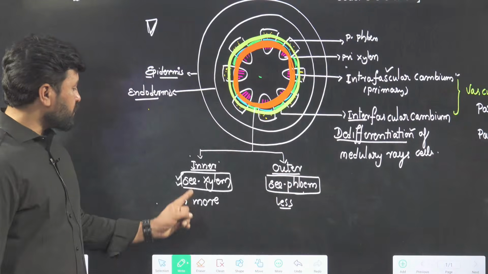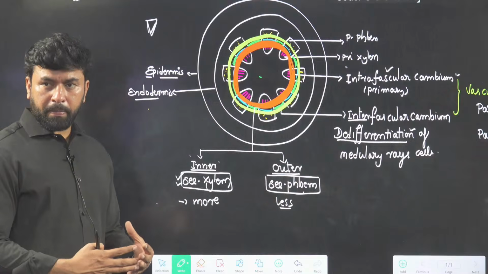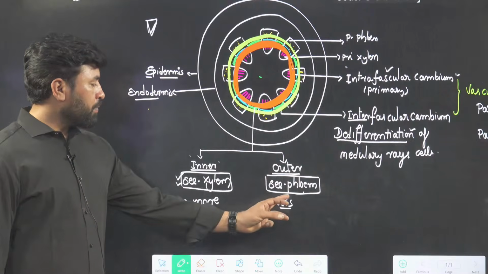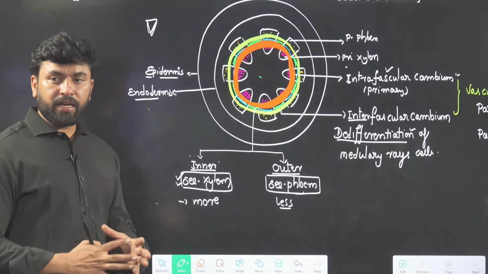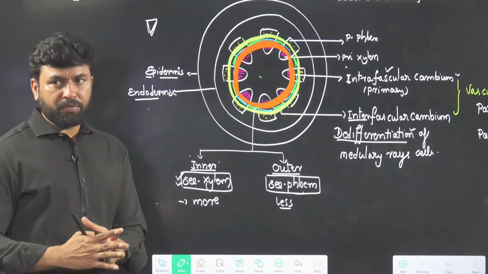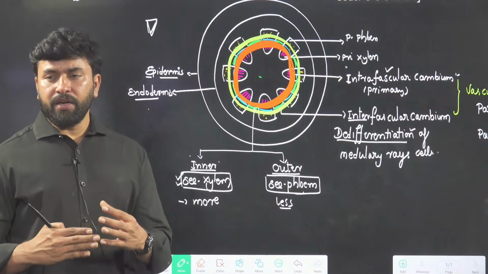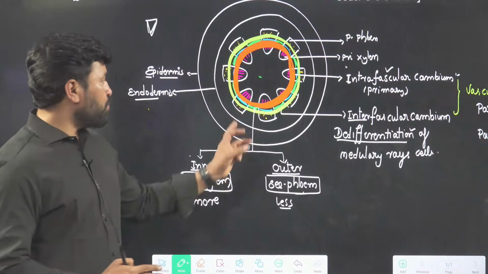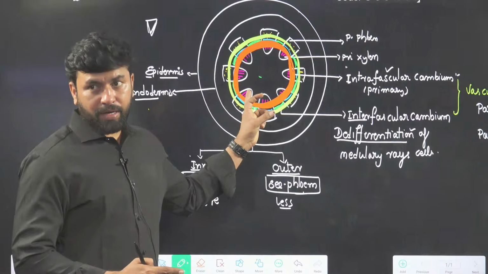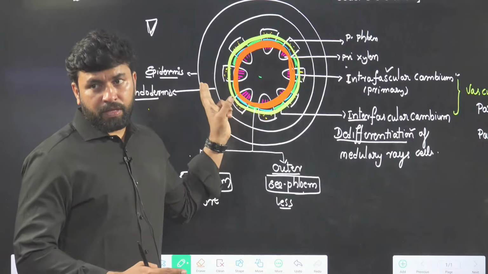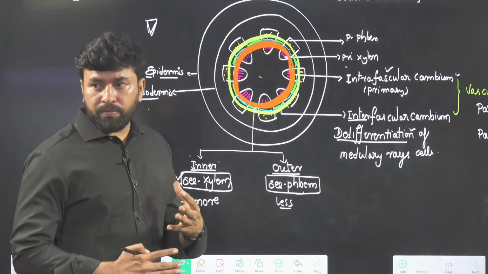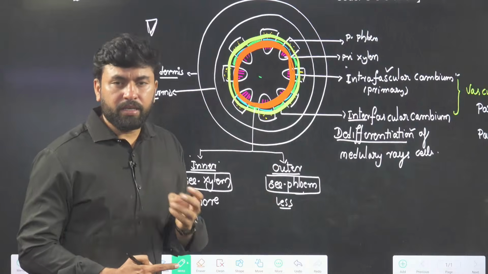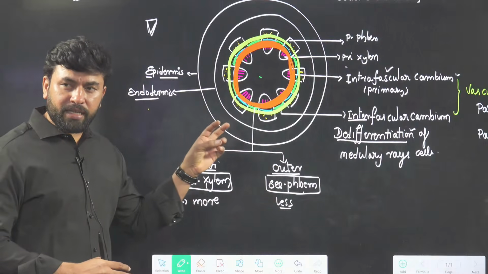The amount of secondary xylem formation would be more than the amount of secondary phloem formation. That's why we say the activity of vascular cambium is more towards the inner side, which means secondary phloem is formed less in quantity when compared to secondary xylem.